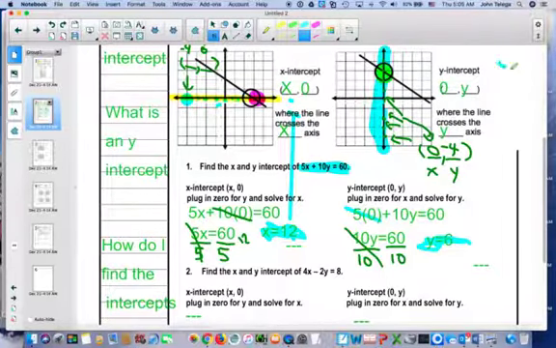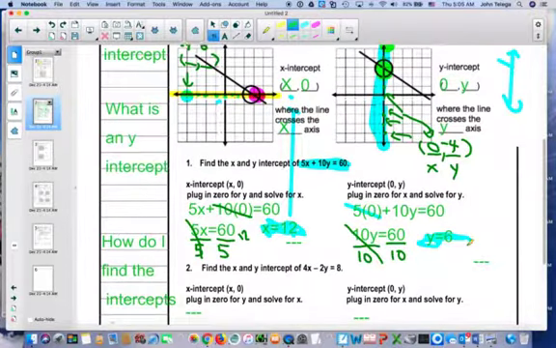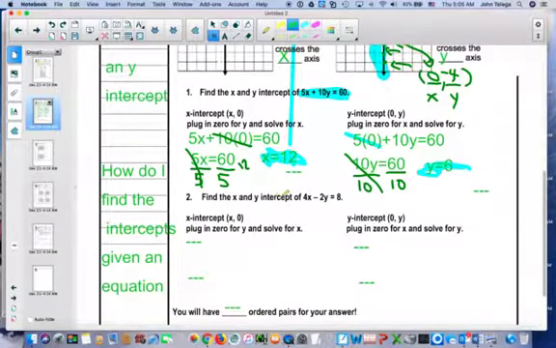This goes up and down, right? Y-axis, and that's 6. So it crosses right 1, 2, 3, 4, 5, 6. Right up here. That's where it would cross. That is the y-intercept.